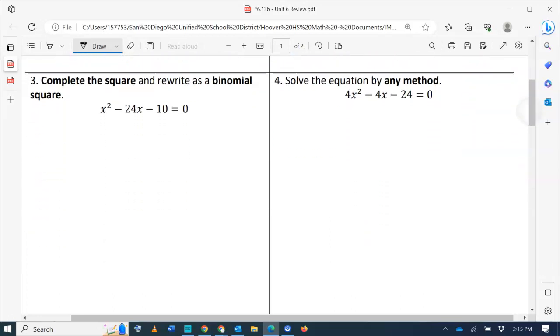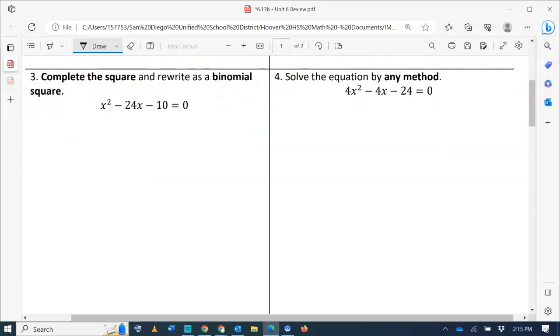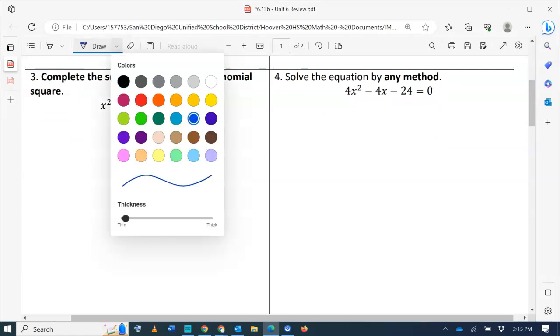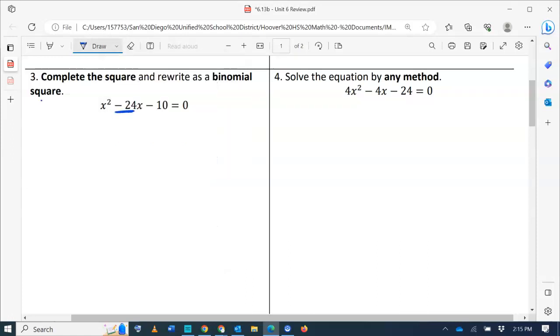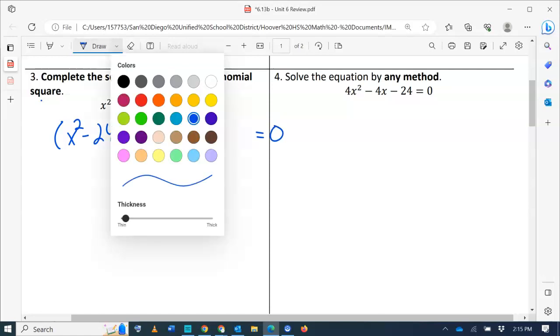Okay, so similar question. Complete the square and rewrite as a binomial squared. We'll go a little faster through these ones. Okay, so here's our number that we're cutting in half. So we're going to get x squared minus 24x minus 10 equals 0.